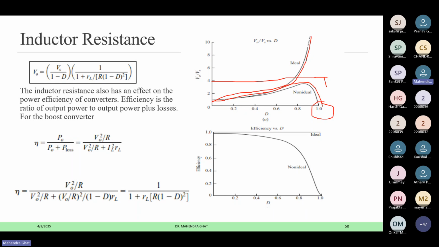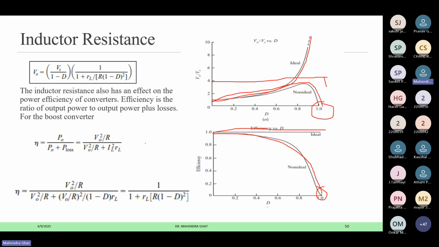For the ideal case we are not considering any loss, so you will get 100% efficiency, a constant efficiency graph. But as D increases in the non-ideal case, the efficiency reduces and becomes zero at D equal to 1.